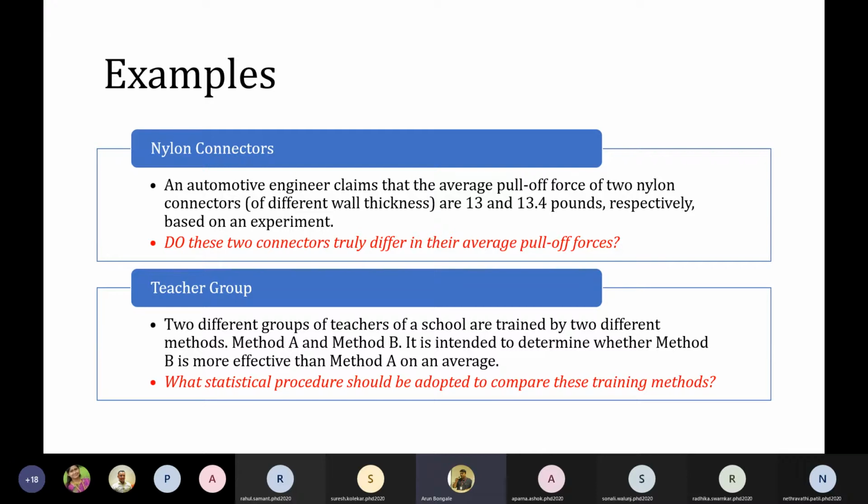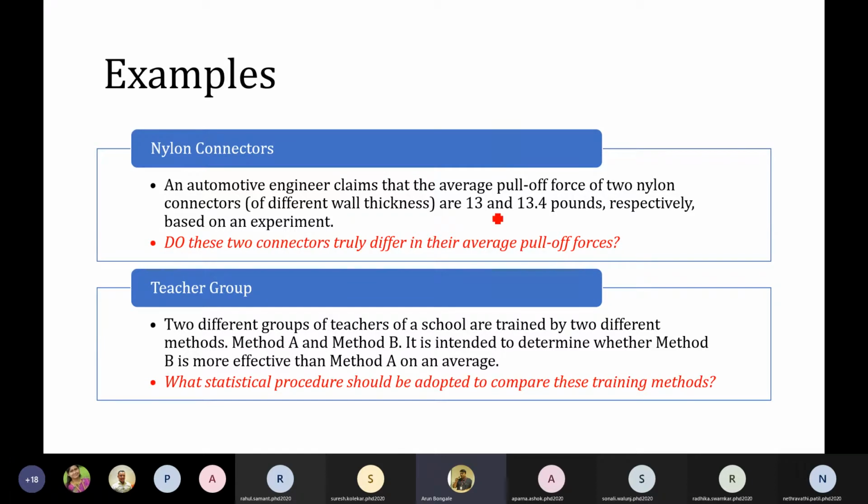What we have to check here is whether these two connectors truly differ in their average pull-off force or not. We have two different types of connectors, and the claim is they are different; they require different pull-off force. We need to check whether it is right or wrong.